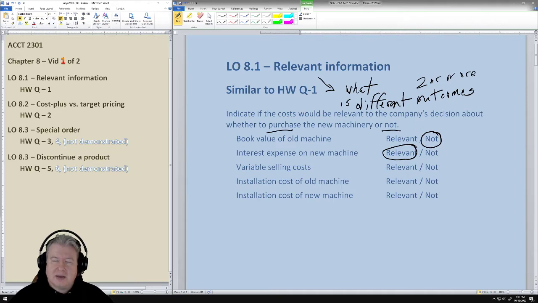Variable selling cost. If you purchase a new machine, all sorts of incremental variable costs will change. And this is maybe one of the most telling things. I didn't put it here, but we call this incremental analysis.